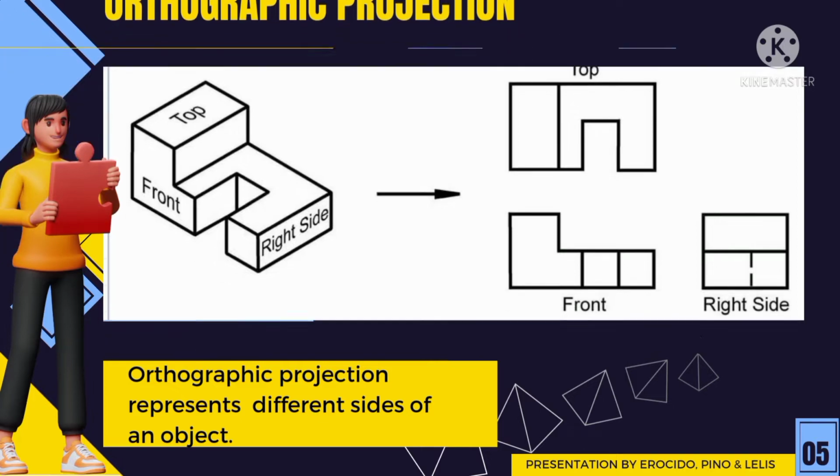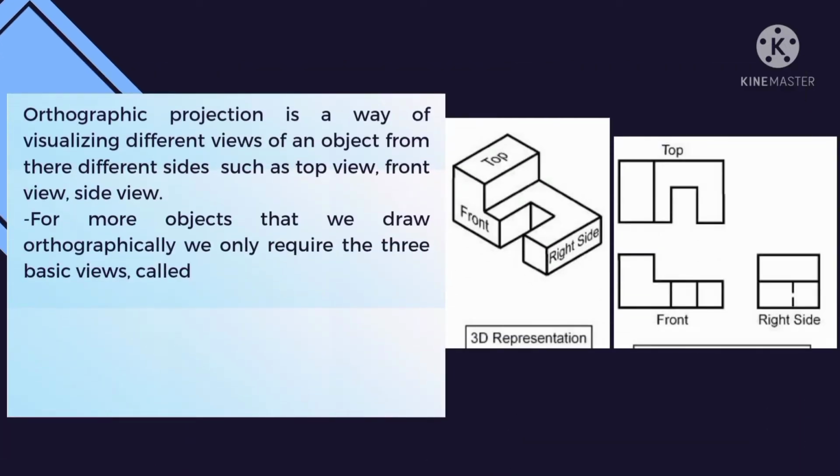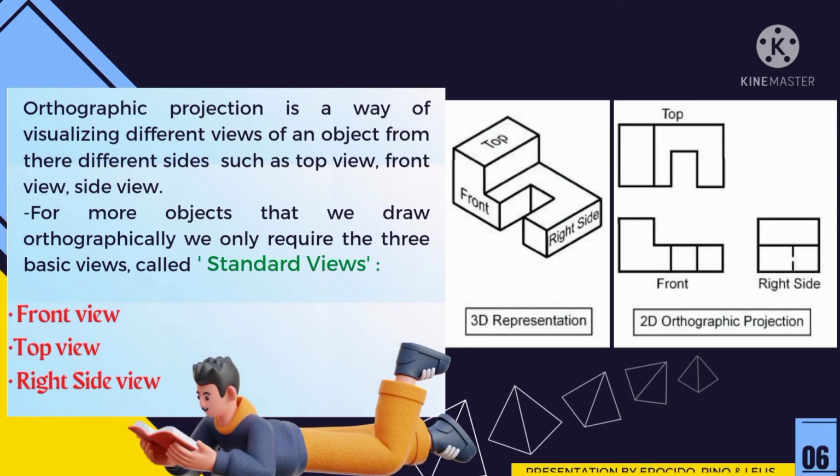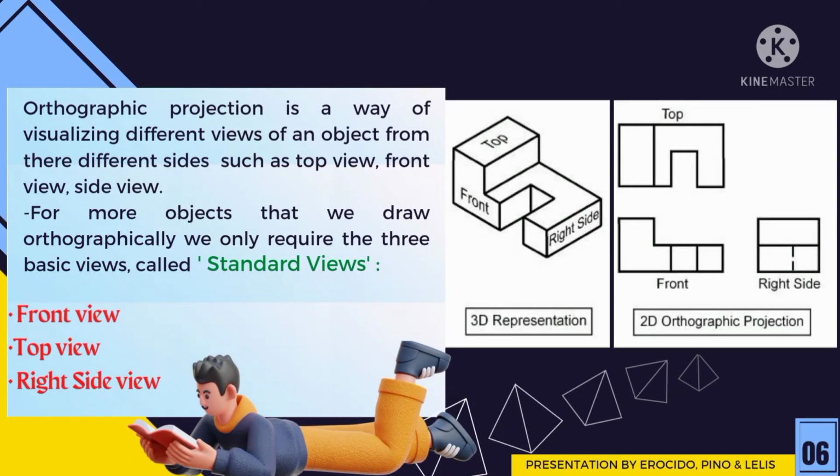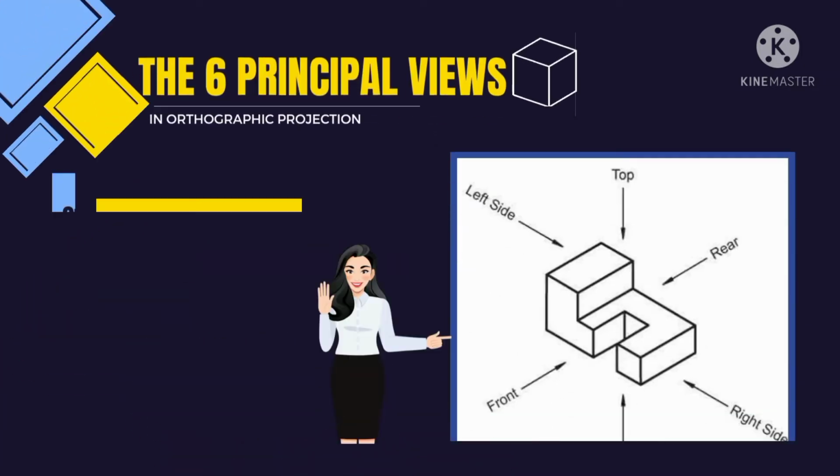It is a way of visualizing different views of an object from different sides. For most objects that we draw orthographically, we only require the three basic views, called the standard views. The standard views are the front view, top view, and right side view.